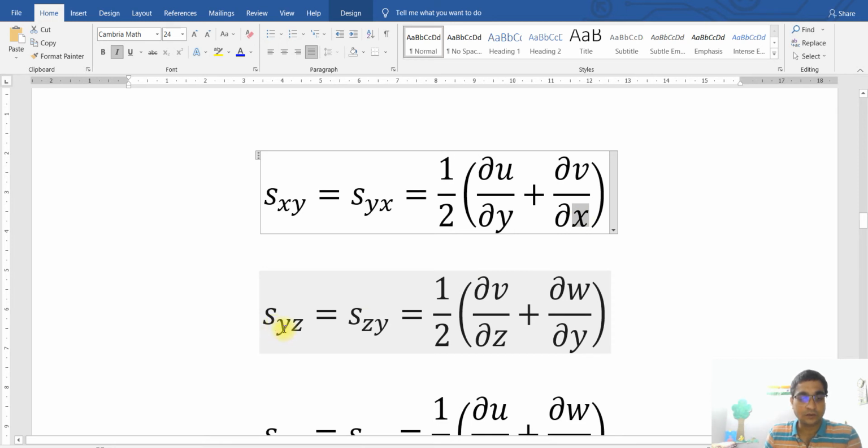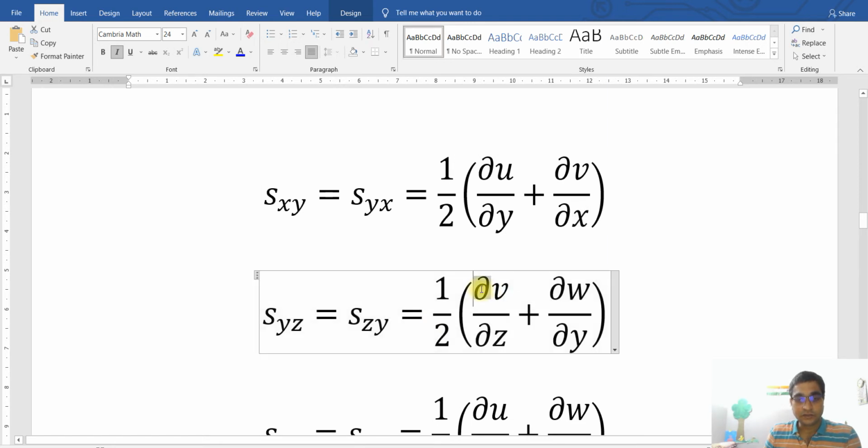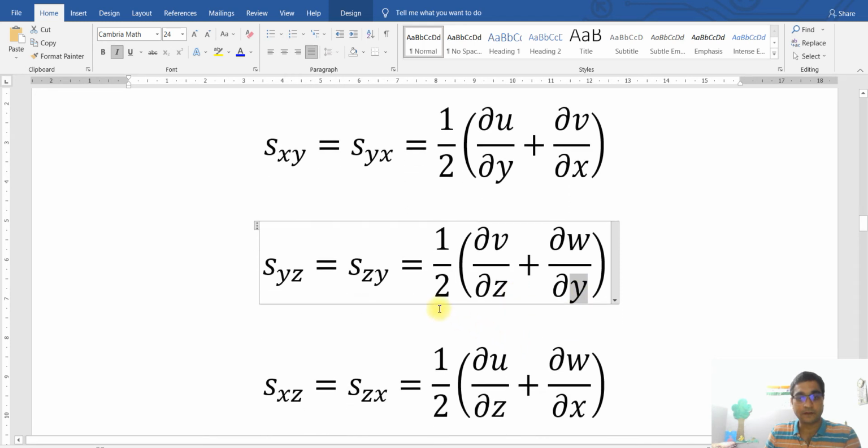Similarly, the yz component of the strain can be written as half of the change of velocity v in the z direction plus the change of w in the y direction.